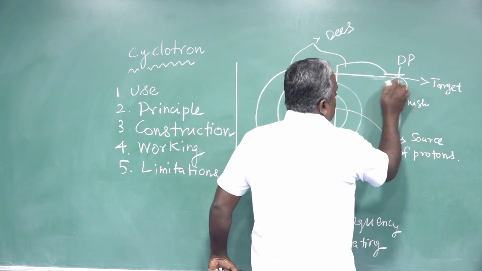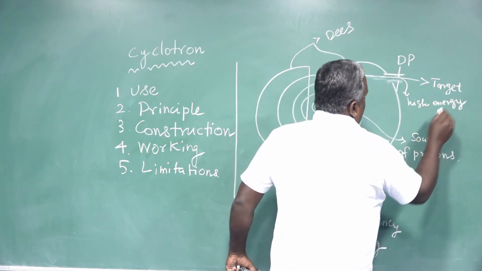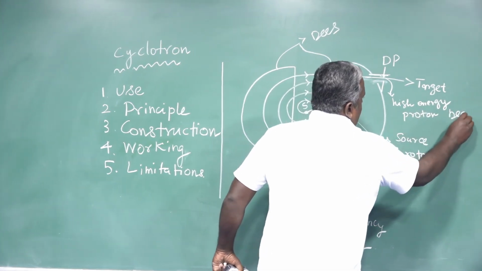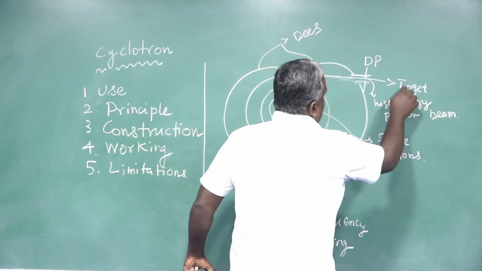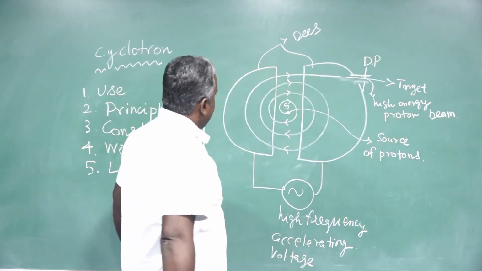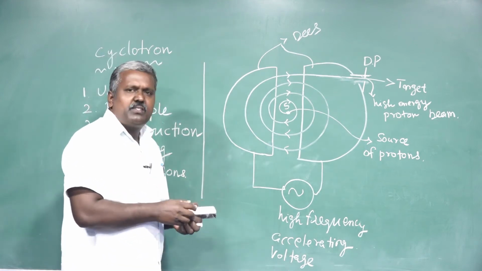This is the high energy proton beam. This is the target. This is DP, the deflector plates. Okay, this is enough. This is the simplest diagram.